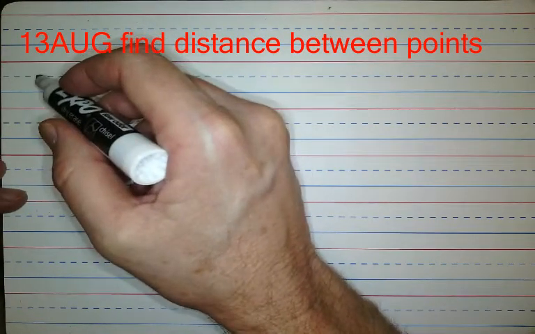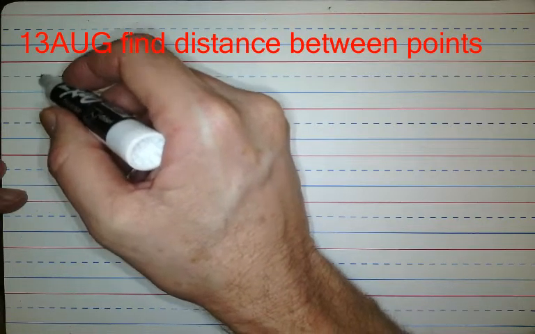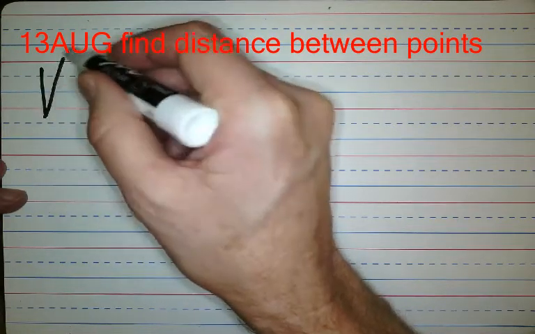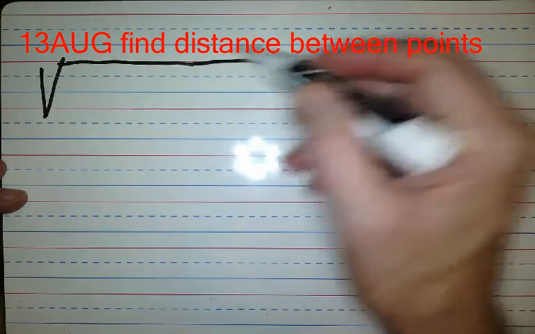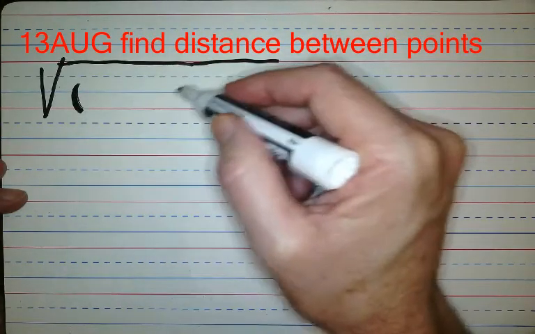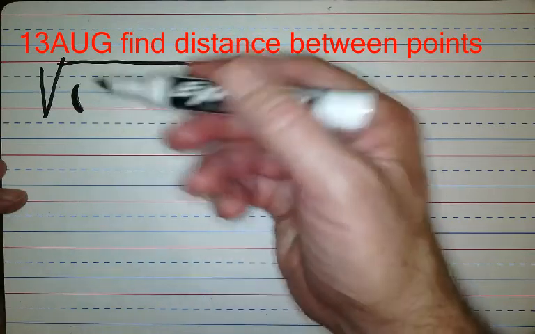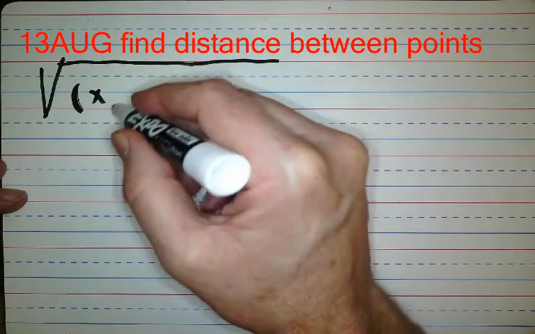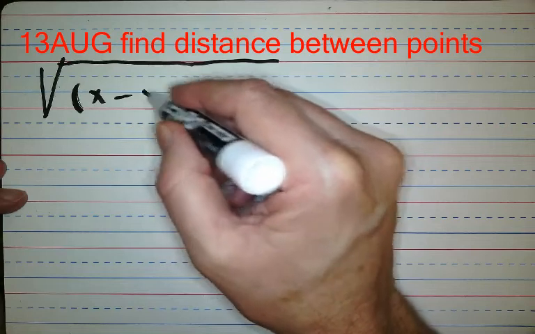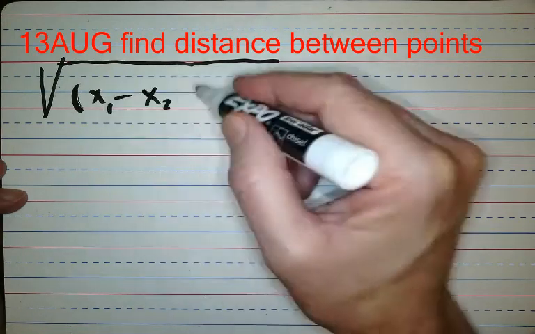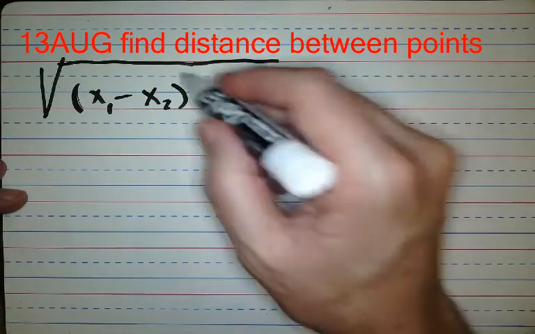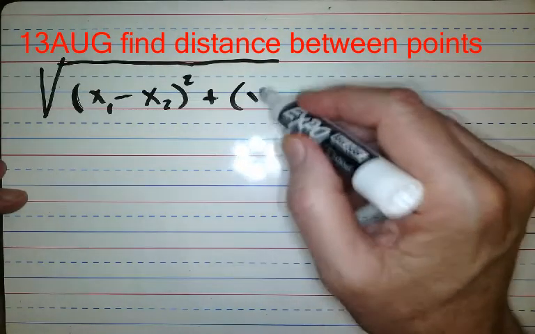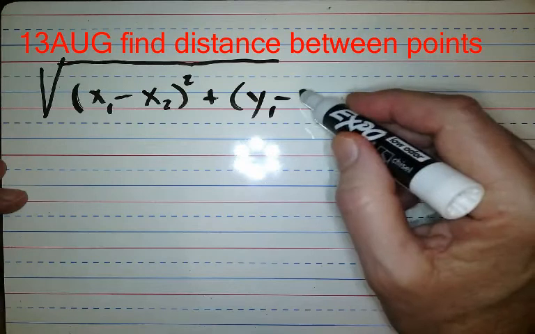So we have to use the distance formula, and the distance formula tells us that we have to take 2 points and subtract them.